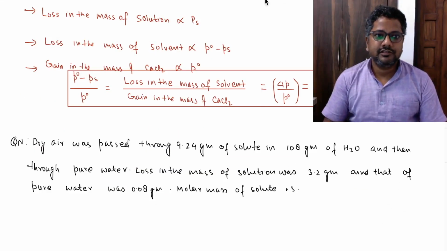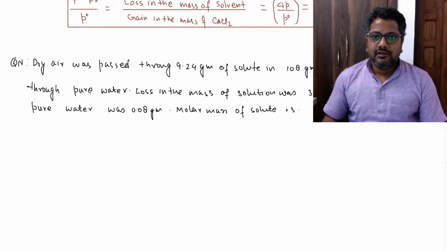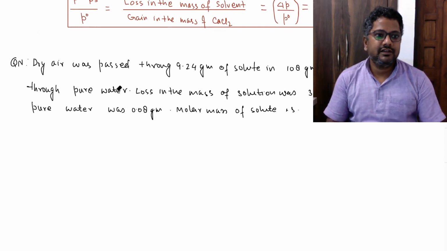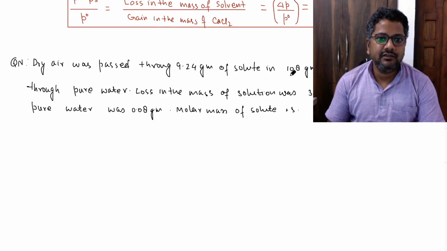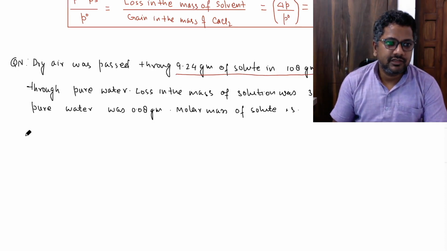Okay, let's do this problem. See what is given. Dry air was passed through 9.24 gram of solute in 108 gram of water. So first, what information is given? 9.24 gram of solute.